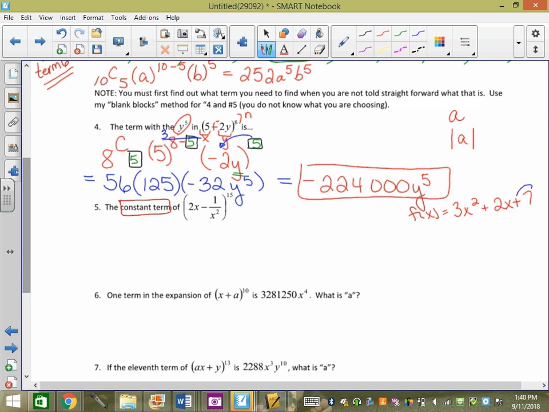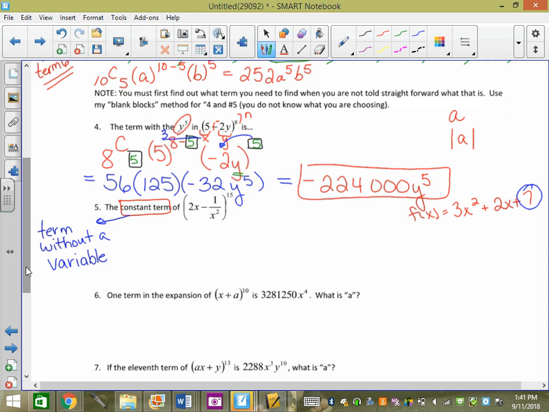It remains constant because it doesn't have a variable. So I don't ever plug anything into it to multiply it by something, correct? So it remains constant no matter what I fill in for x. We agree? So the constant is the term without a variable. That's all it is. Make sense? It's one that doesn't change.